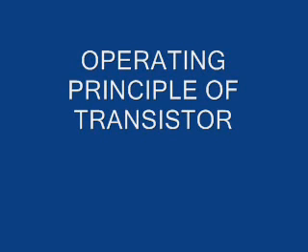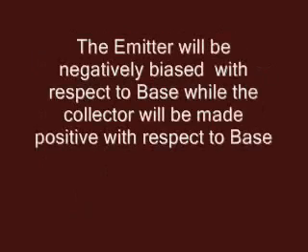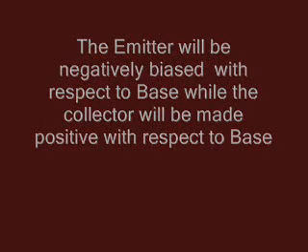Operating principle of transistor. Let us consider the operating principle of the NPN transistor, since the majority current carriers in this device are negative current carriers, that are electrons. The emitter will be negatively biased with respect to the base, while the collector will be made positive with respect to the base.